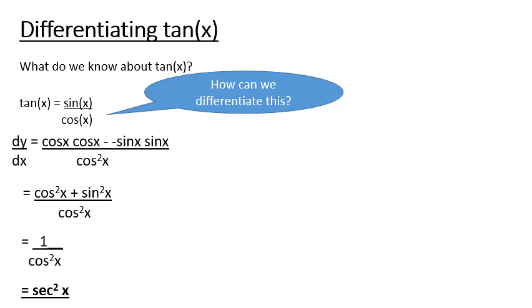So 1 over cos squared is the same as sec squared. So we've just proved that when you differentiate tan of x, you get sec squared of x. And this one is in the formula booklet, so don't worry if you forget it. If you differentiate tan, you get sec squared. It's in your formula booklet.